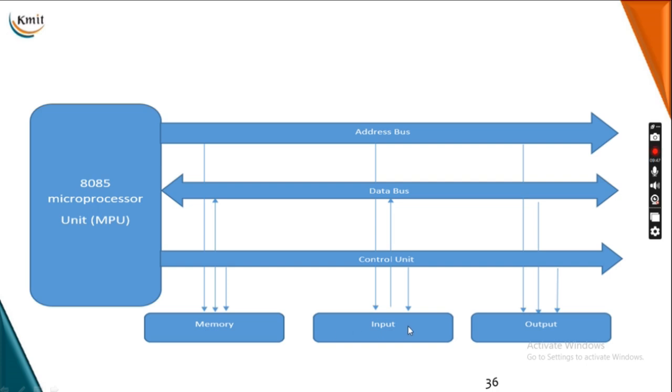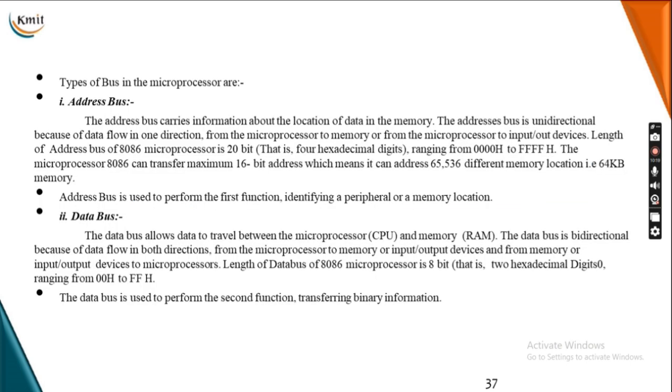So address bus one way, data bus one way, which is giving the data, and control bus is also one way, controlling the input. Output, same address, but it writes the data into the output device and controls the output device. This is how your 3 buses will be acting. So in detail I have given here.